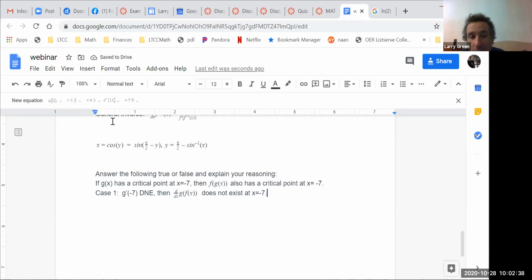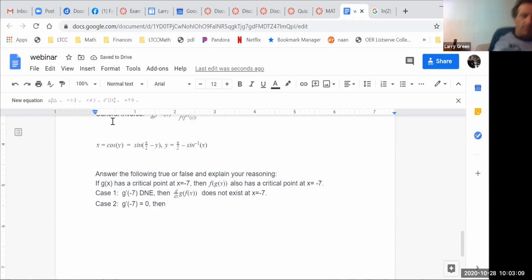Okay, you may not remember, but it happened a long time ago. So far so good, because if it's not differentiable, it's a critical point, right? Okay, case two, and that is g prime of -7 is 0. We know it's a critical point, so one of those two things must be true.